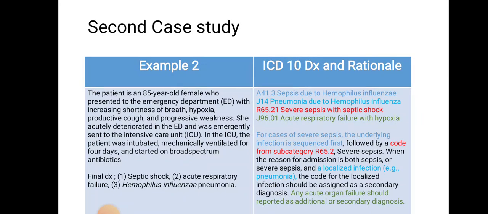Now here you see the coding sequence. First code is the infection, A41 series, sepsis due to Haemophilus influenzae. Second code is pneumonia due to Haemophilus influenzae. Then we have a severe sepsis code with septic shock, followed by the acute organ failure code, which is J96.01 for acute respiratory failure.